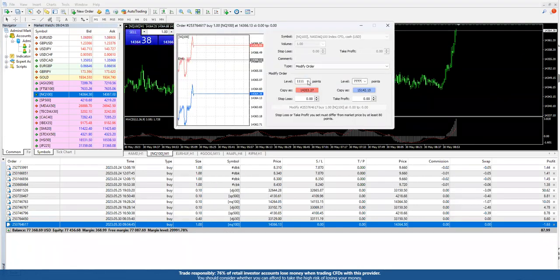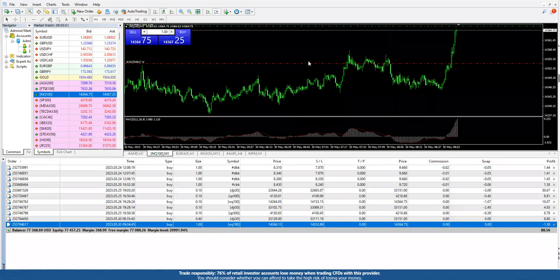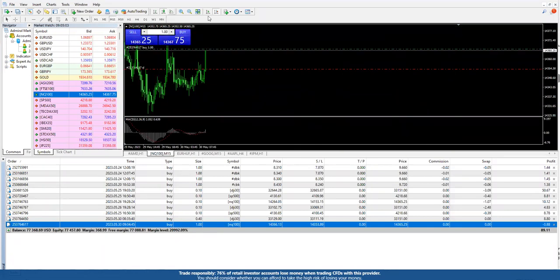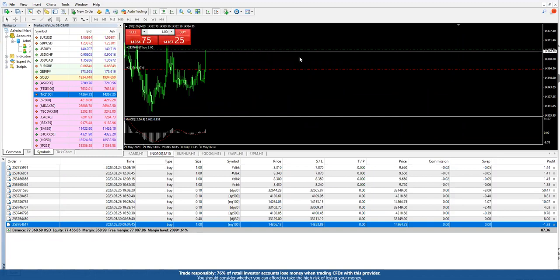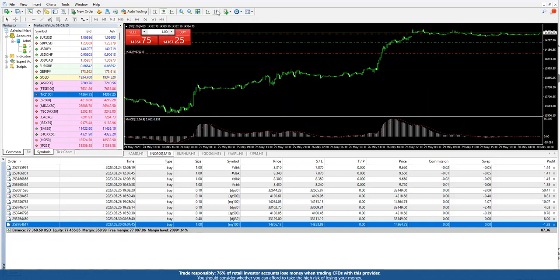If you are buying the breakout, in my opinion, you have to use a very close stop loss, because it may happen that there will be some correction and you will get stopped out. Now you can see that this is an absolutely bullish trend. So in my opinion, just follow the trend and that's all.